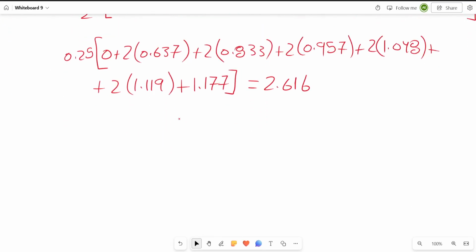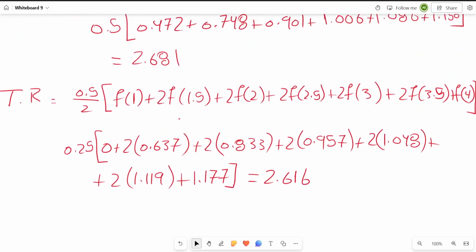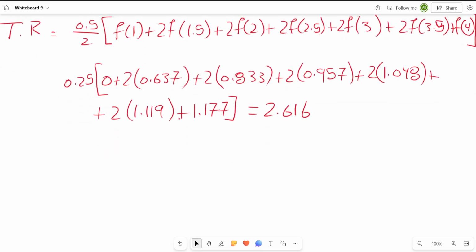And finally, let's use the Simpson's rule to try and solve.